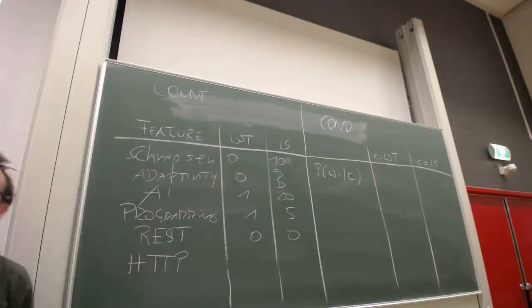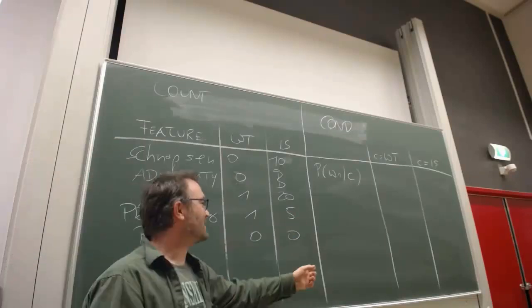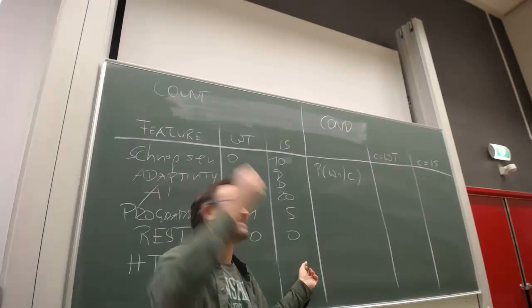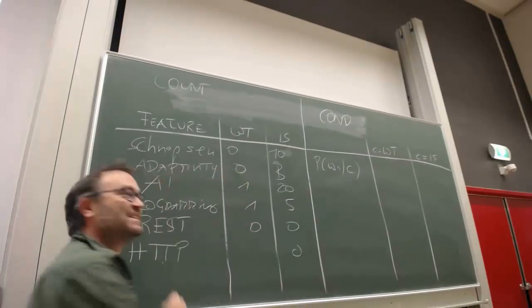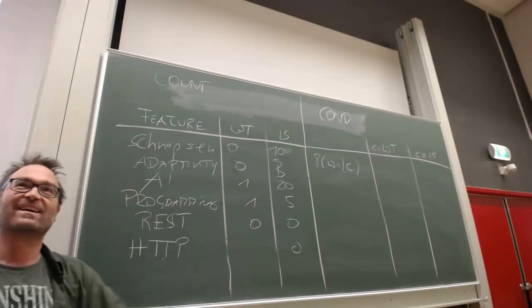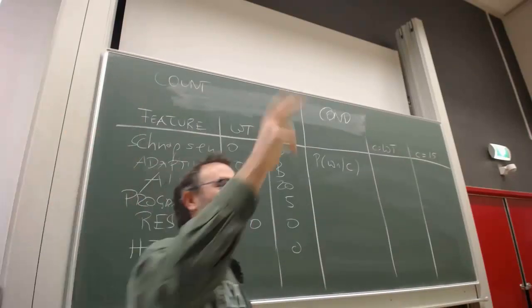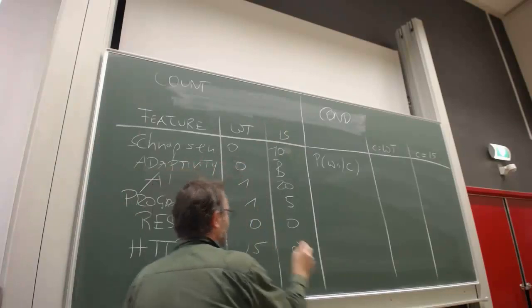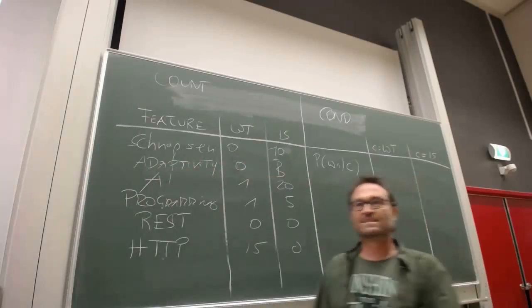Who thought about HTTP in intelligent systems? Oh yeah, good point, sorry. 0. Who thought about HTTP in web technology? Oh, good, so me being stupid. So that's 15. Okay, so that's the first thing you do.